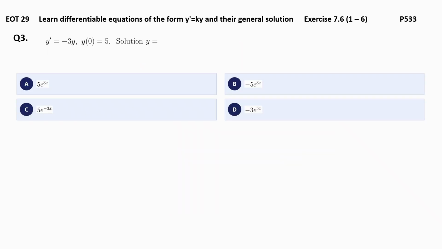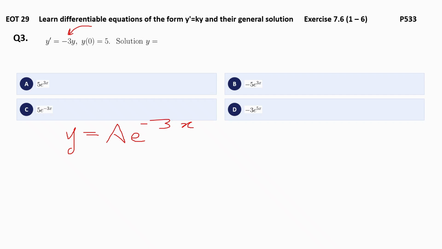Let me continue with question number 3. Same setup, same scenario. So let me check with a direct integration value. y equal to A e power whatever the coefficient of y, that will be placed here as negative 3x.